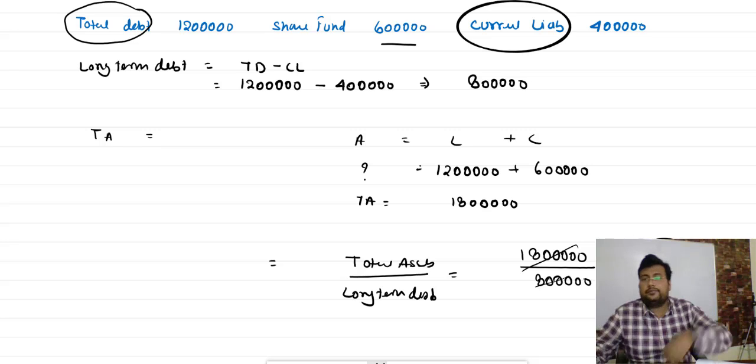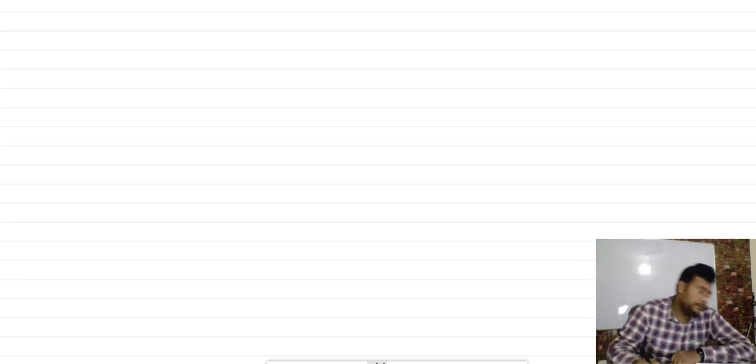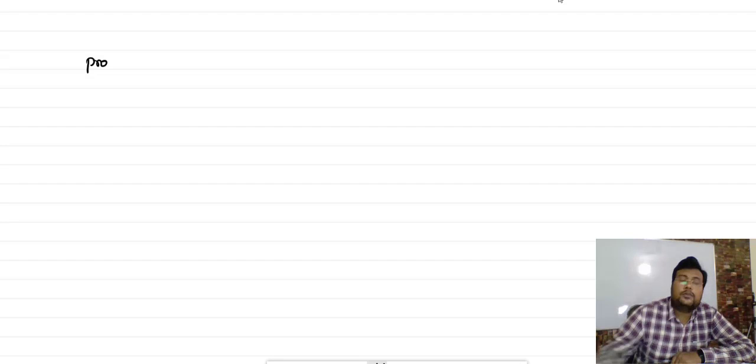Next is proprietary ratio. So proprietary ratio is all about the proprietors. Look, the name itself, proprietary ratio. So what is proprietary ratio?